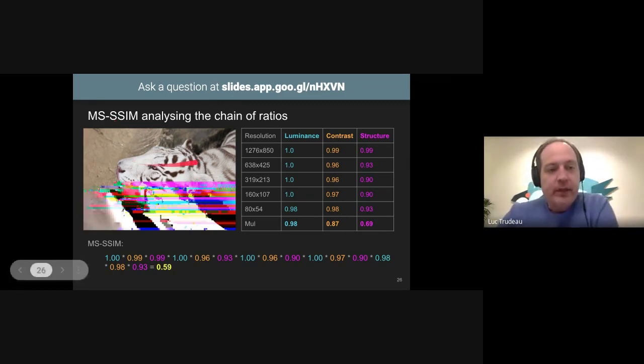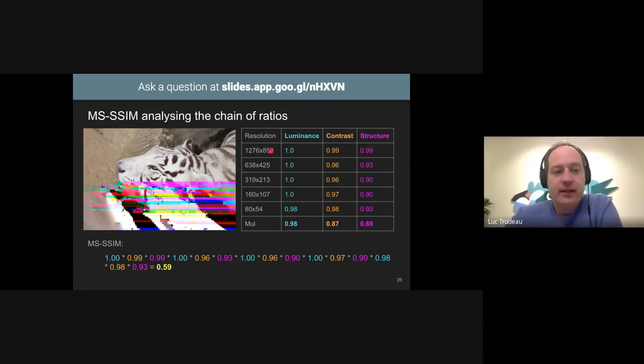In this case, we can see that it basically takes the original resolution of the image, and then it just breaks it down by half the resolution every time. For luminance, it's important to note that we'll just take the smallest of the resolutions, so these will always be set to 1. Then for contrast, we measure it for all the different resolutions, so you can see all of the chains here.